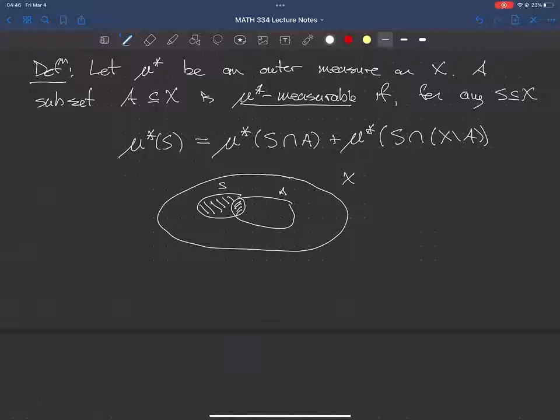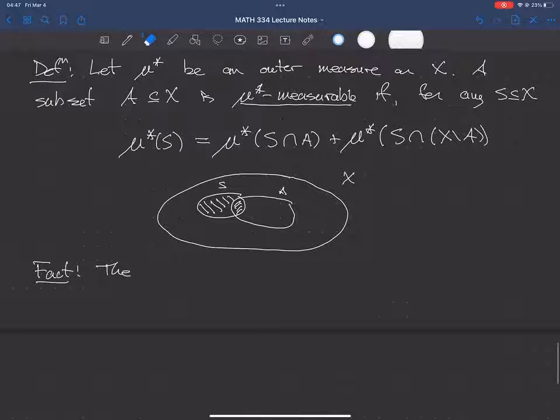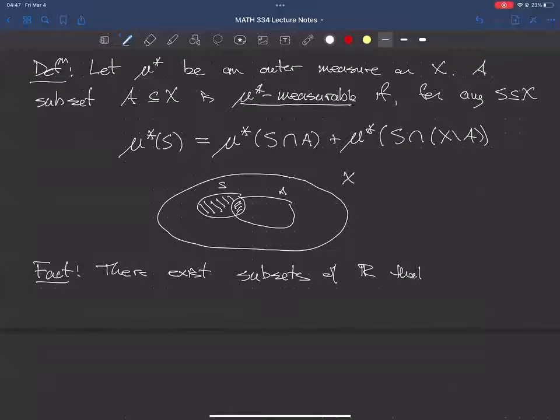And the important fact here is that there exist subsets of R that are not lambda star measurable. It's not that hard to construct them.